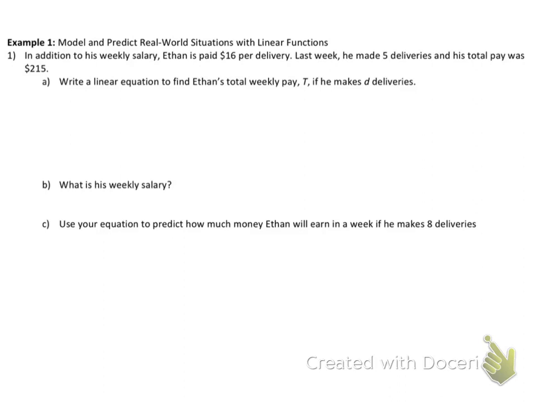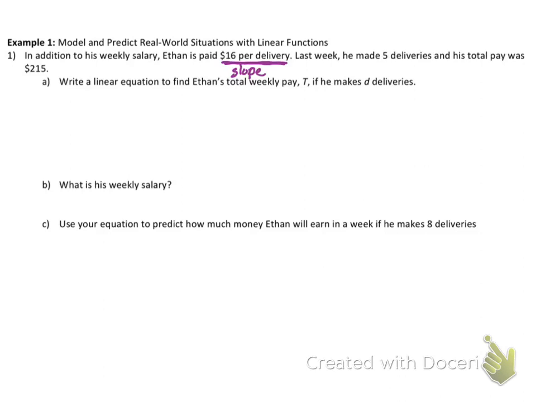So this $16 per delivery, that's the rate at which he is receiving more money. He's receiving money per delivery on top of that weekly salary. So that's going to represent my slope.